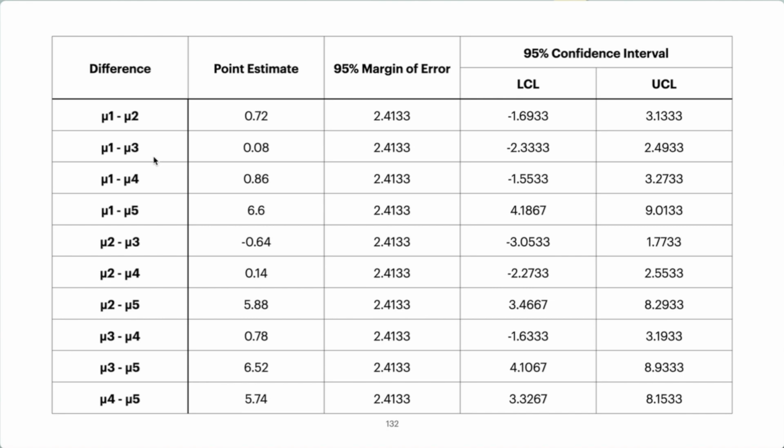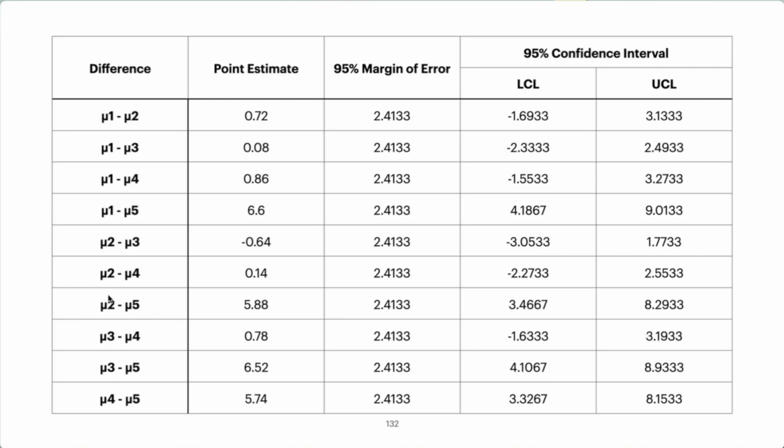Comparing treatment means 1 and 3, again, that confidence interval does contain 0, and so we are not able to conclude that a difference exists between treatment means 1 and 3. Comparing treatment means 1 and 4, again, the confidence interval contains 0, and so we would not be able to conclude that a difference exists between treatment means 1 and 4. Next, comparing treatment means 2 and 3, that interval contains 0, and so we could not conclude that differences exist between treatment means 2 and 3.